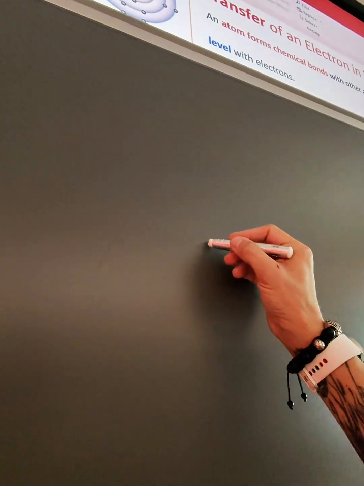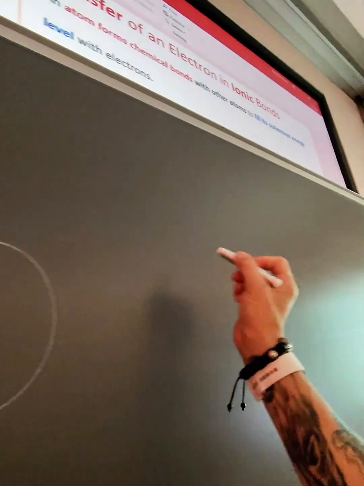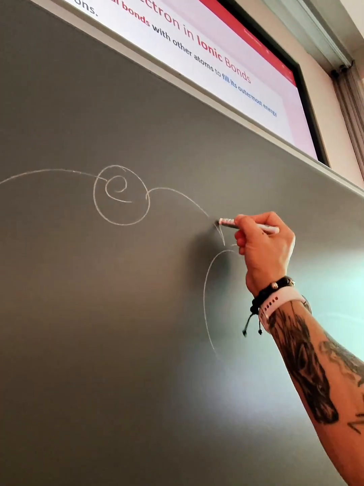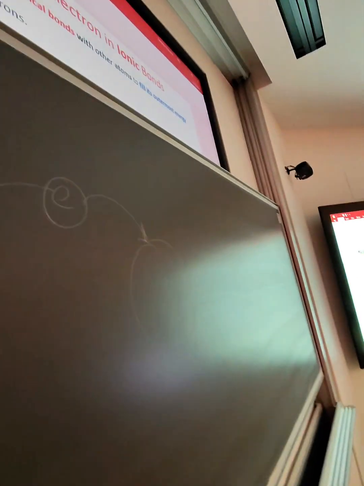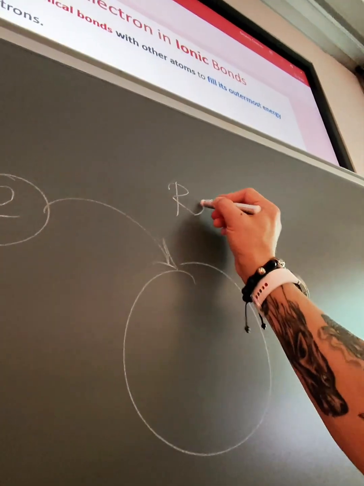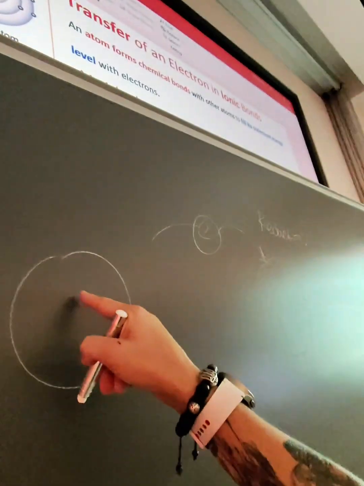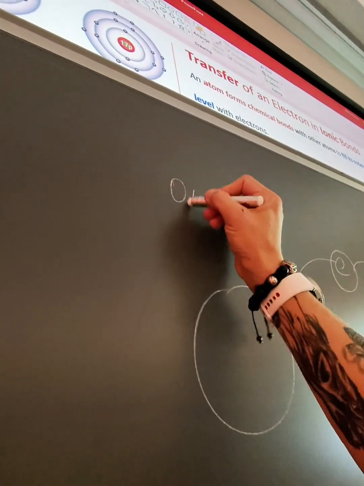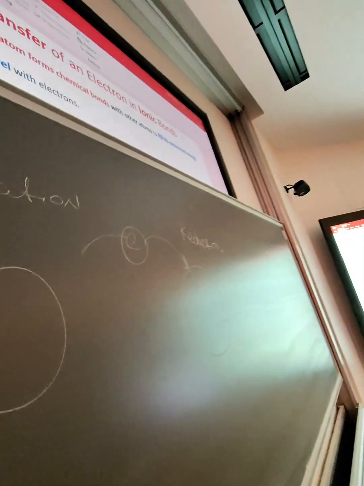So you have a molecule. When one molecule gains an electron right here, that's called a reduction reaction. When a molecule loses an electron, that's called an oxidation reaction.